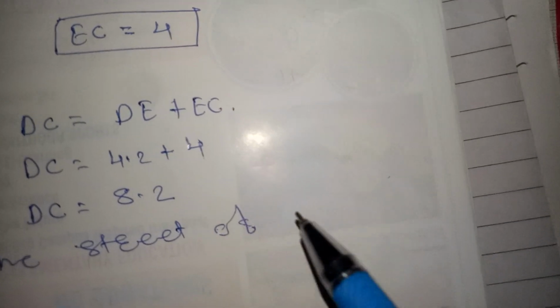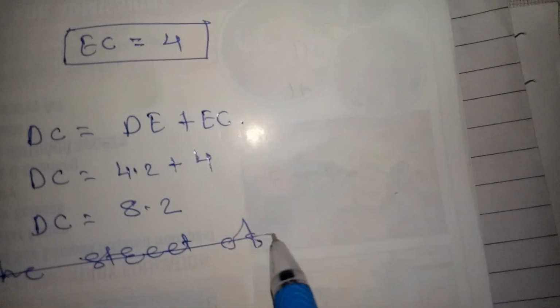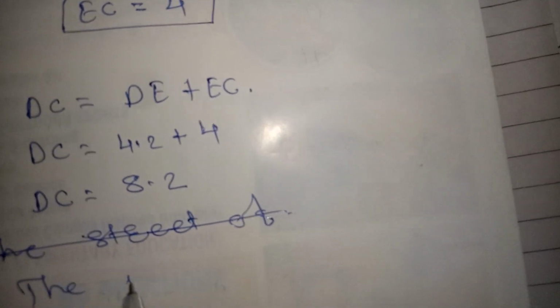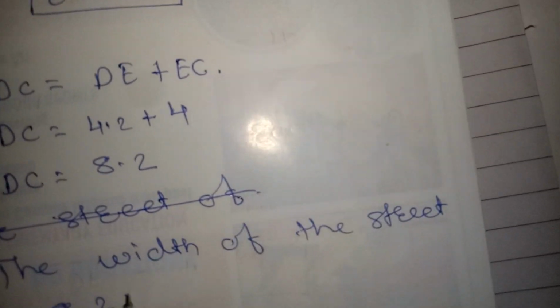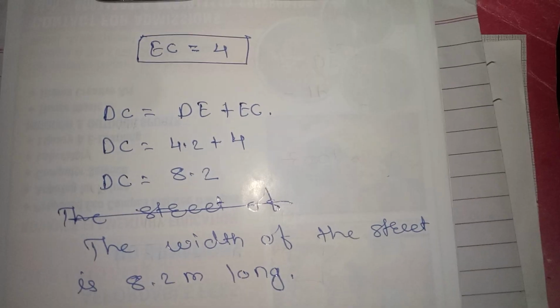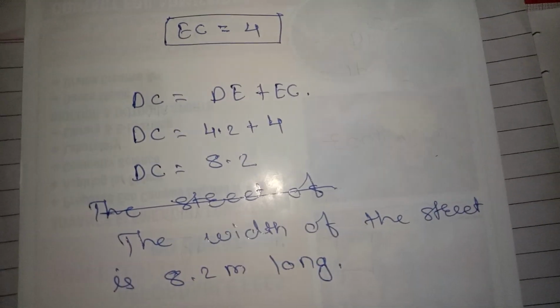Then the width of the street is 8.2 meters long. This is your answer. I hope you understand well. If you want its screenshot, you can take.